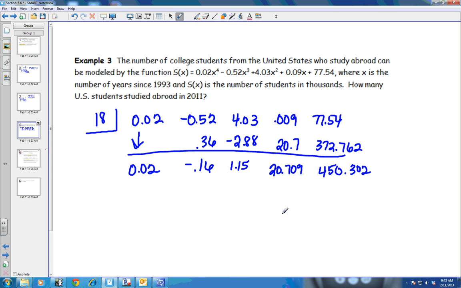Okay, so my remainder is my answer. So it's 450 and it says in thousands. So about 450,000 students. Okay, you might double check my numbers because my numbers are off just a little bit. If I added or subtracted wrong, you might fix it as you go along.